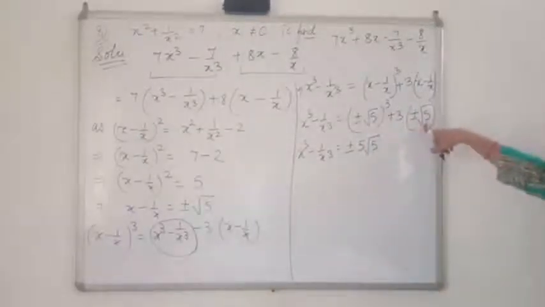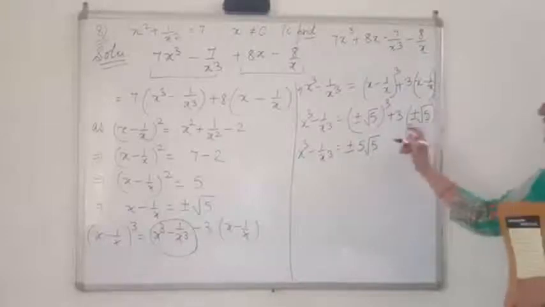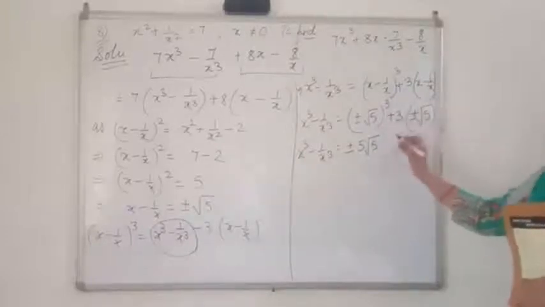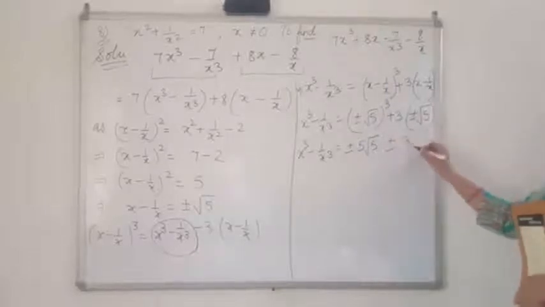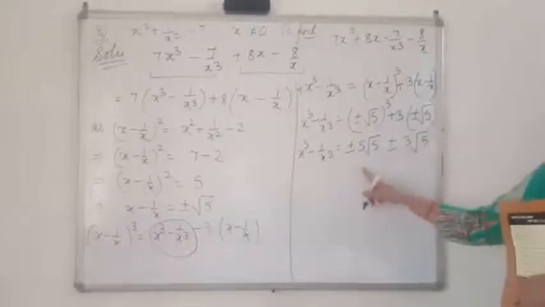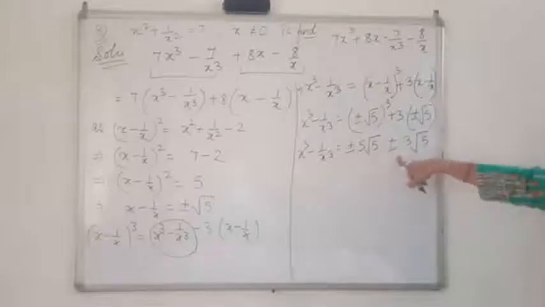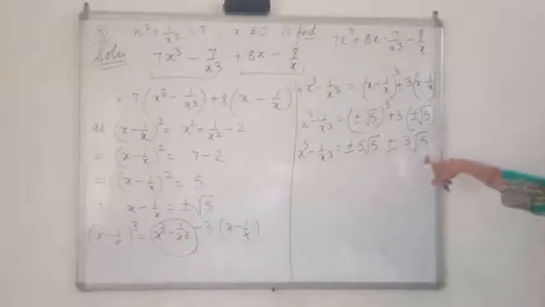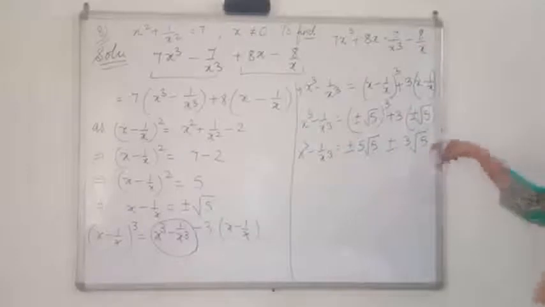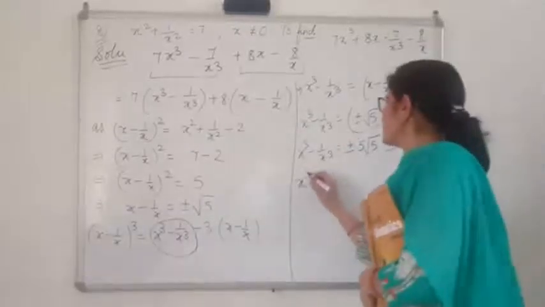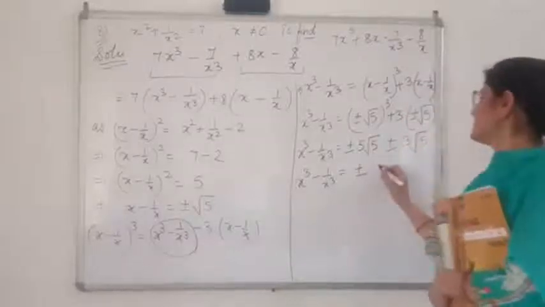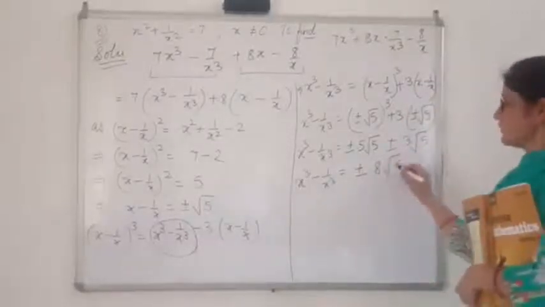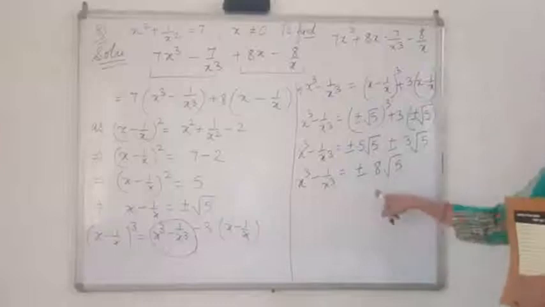No, because it is an irrational number. So we cannot multiply. We multiply the sign. It remains the same because plus is outside. So 3 root 5. Can we add them? Yes, because they are of the same sign. Irrational numbers are also the same. We can add them. So the value of x cube minus 1 upon x cube is equal to plus minus 8 root 5.